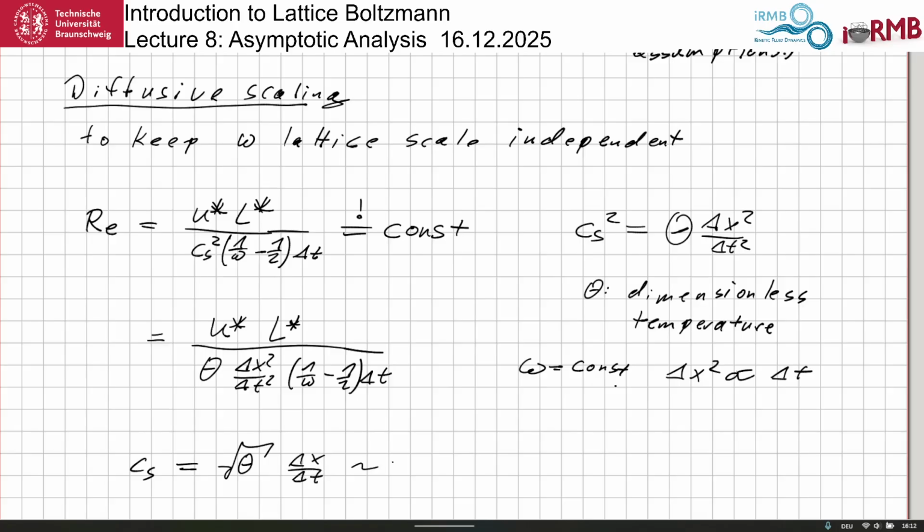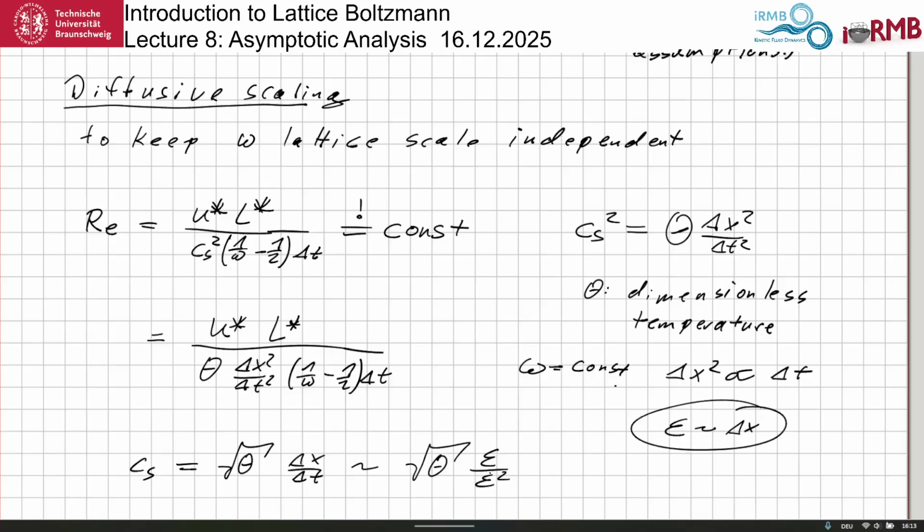But now, because delta t is proportional to delta x squared, we have this being theta epsilon by epsilon squared. So we make epsilon proportional to delta x.